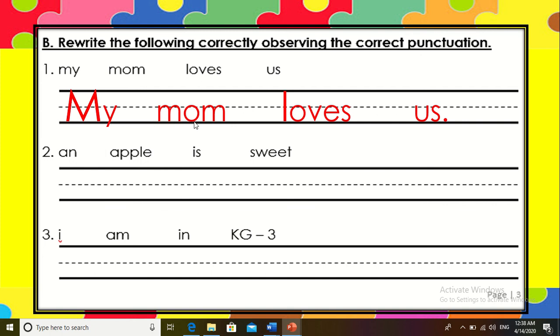Okay, and then mom, space, loves, space, us, and then this very small thing is very important. You have to remember KGs and don't forget to put a period all the time. So, are you ready to answer numbers 2 and 3? Yes, you can do it, KGs. I will give you time to answer numbers 2 and 3. Ready? Begin.